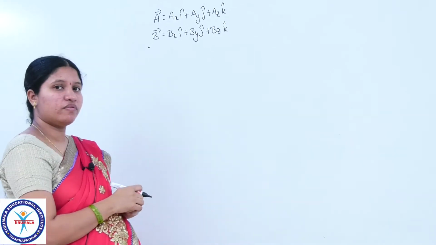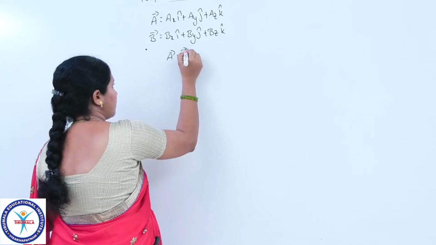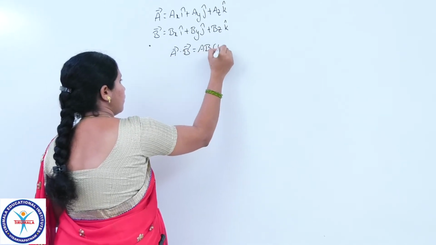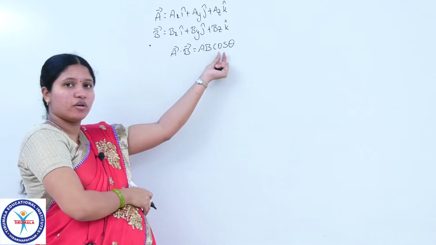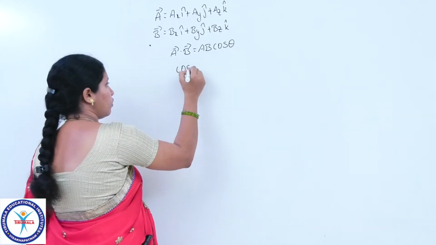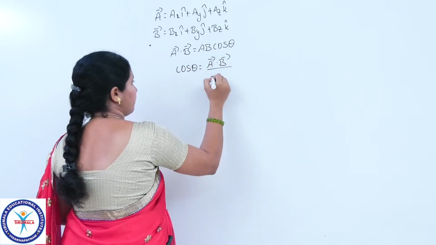Already we know the formula for dot product, that is A bar dot B bar is equal to AB cos theta. So, from this write the formula for cos theta. So, cos theta is equal to A bar dot B bar by AB.